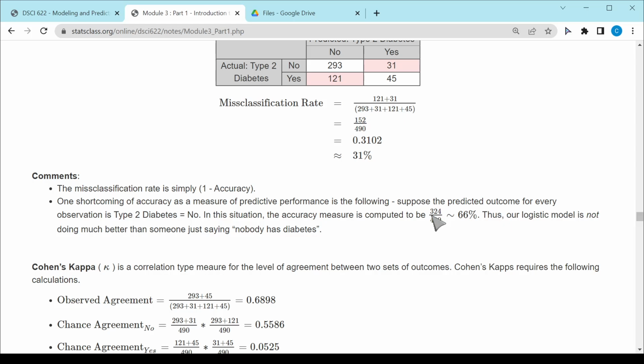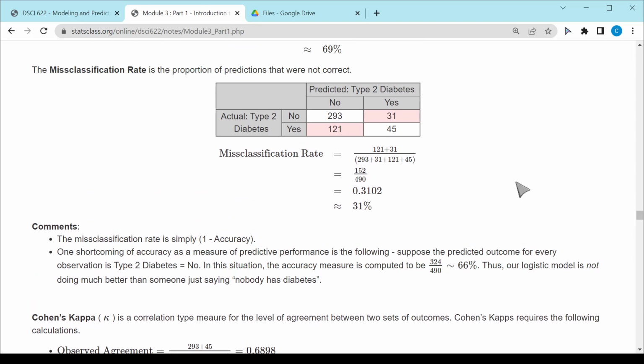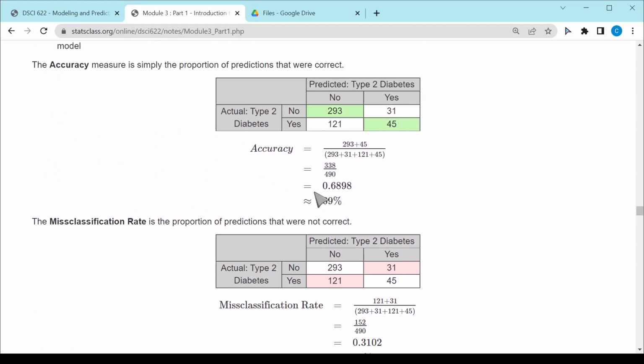324. 324 out of the 490 times, my prediction is going to be correct. I'm not doing any modeling. I'm not actually even looking at the data. I'm just blanketly saying nobody has diabetes, and I'm going to be right 66% of the time. Now, the accuracy from my model is only 69%, so I'm not gaining much.